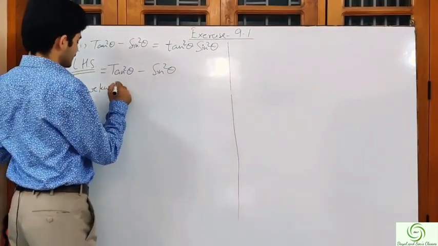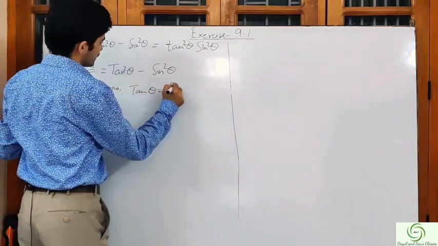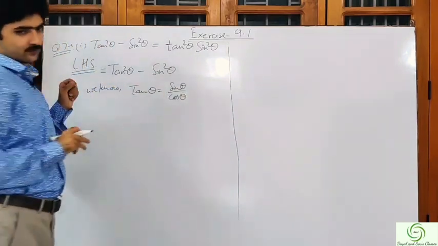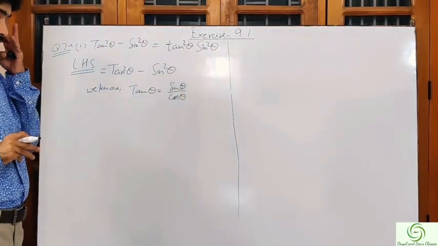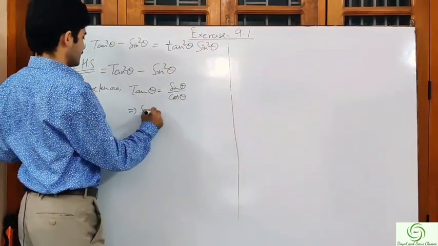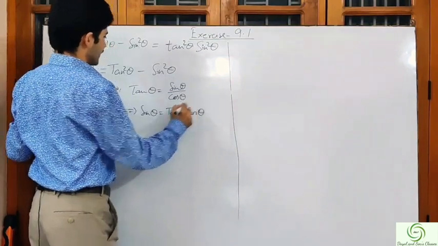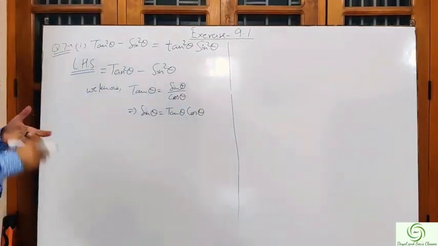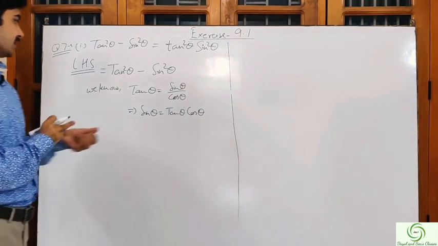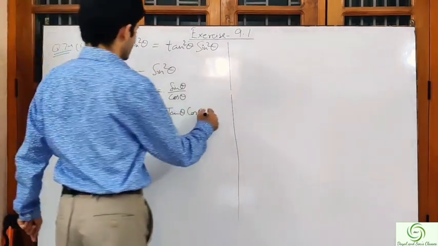We know that tan theta is equal to sin theta upon cos theta. Clear? We know this. So this means sin theta is equal to tan theta cos theta. Can I write it like this? Right? That means I can write sin theta as tan theta into cos theta.